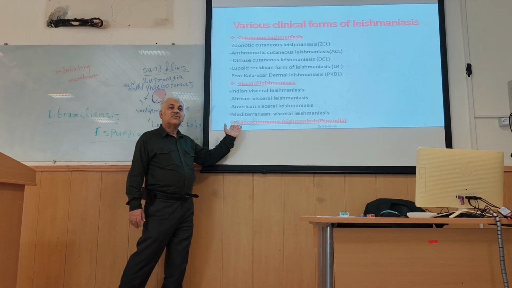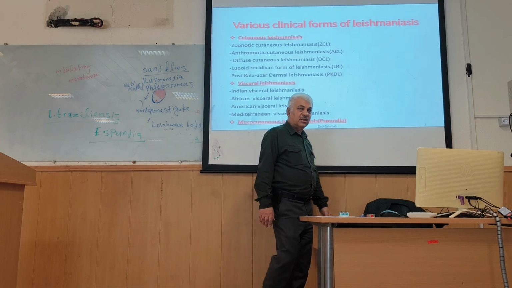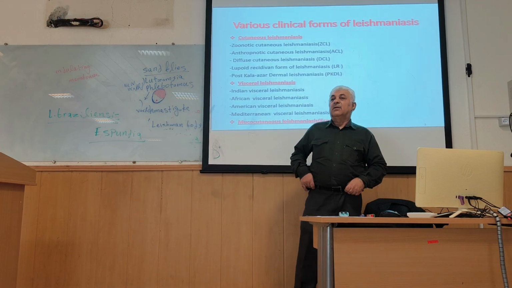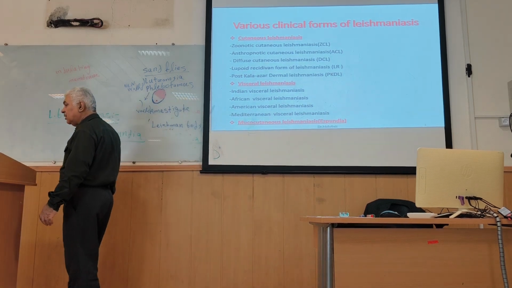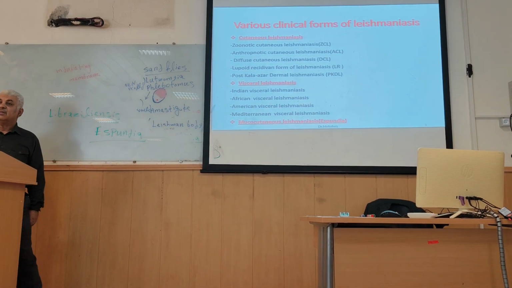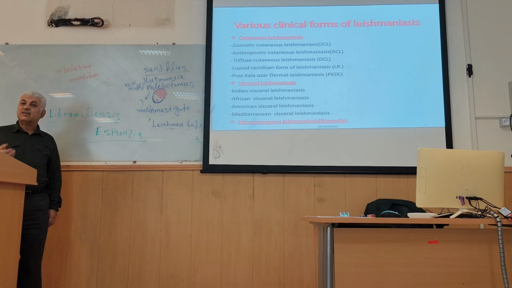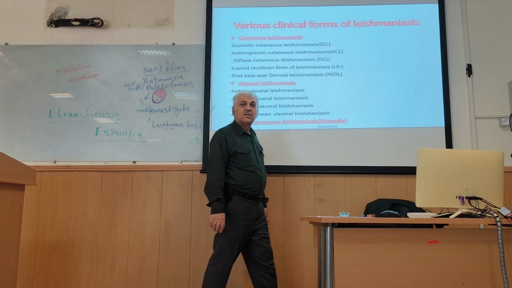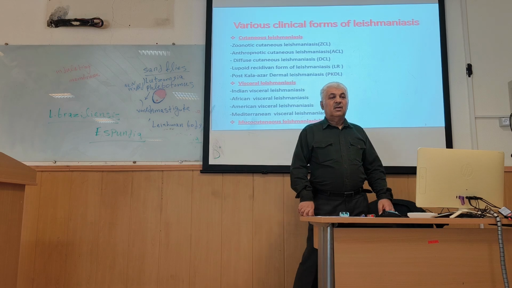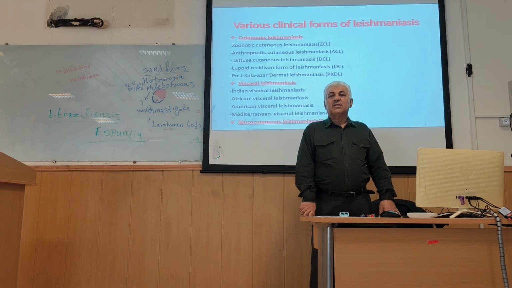The last form is mucocutaneous leishmaniasis, distributed in the mucosal membranes of the body, especially in the nasal cavity and pharynx, and produced by Leishmania brasiliensis. The principal form is zoonotic.